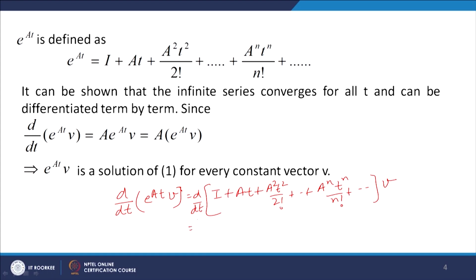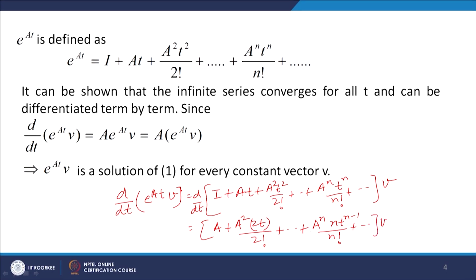So, when we differentiate with respect to t, what we get? I is independent of t, so this will be 0. So, we get A. When we differentiate this with respect to t, we get A squared into 2t by 2 factorial and so on, A to the power n into n t to the power n minus 1 by n factorial and so on, b.